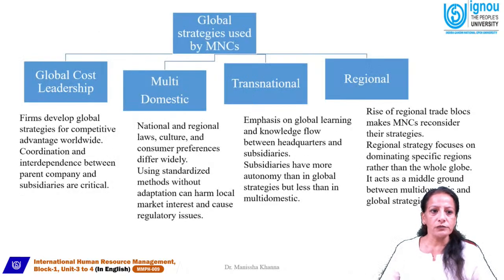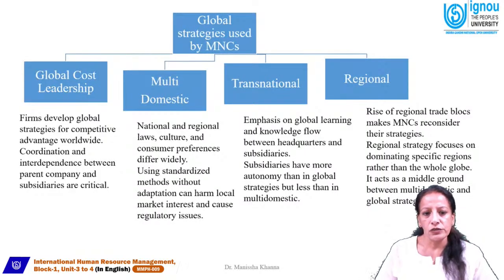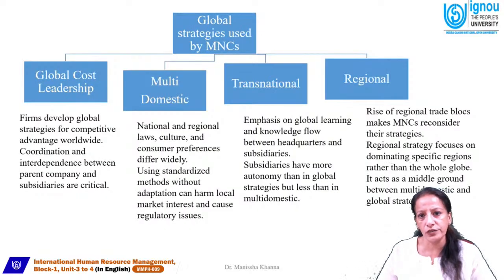So the global strategy used by multinationals is on the basis of cost leadership, where firms develop global strategies for competitive advantage worldwide. Then there is multi-domestic, where national and regional laws, culture, and consumer preferences differ widely, so standard methods used without adaptation can harm local market interest.